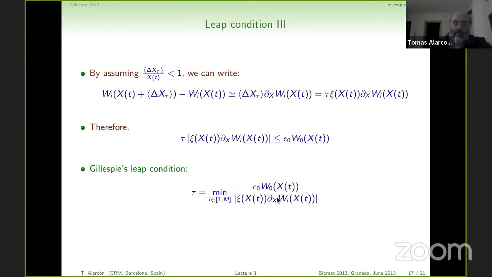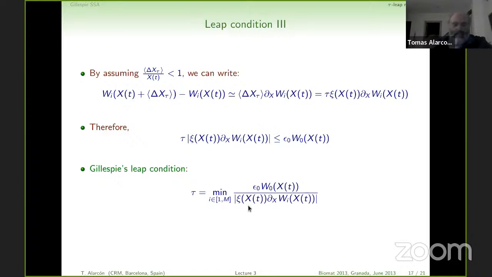The not so nice thing about this method is that you have here a free parameter. This epsilon 0 is something that you have to fix by hand. It is not provided by the method.